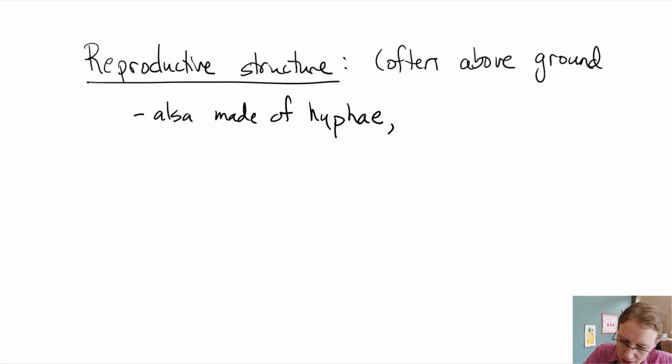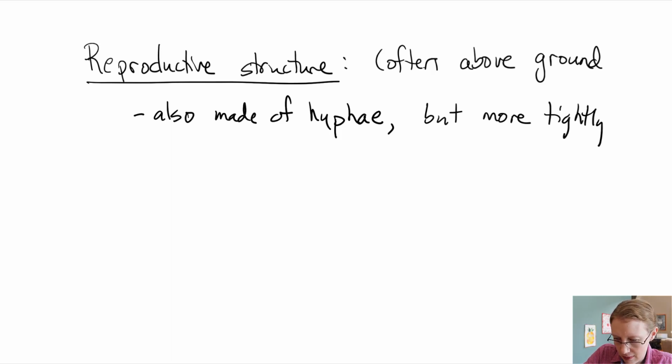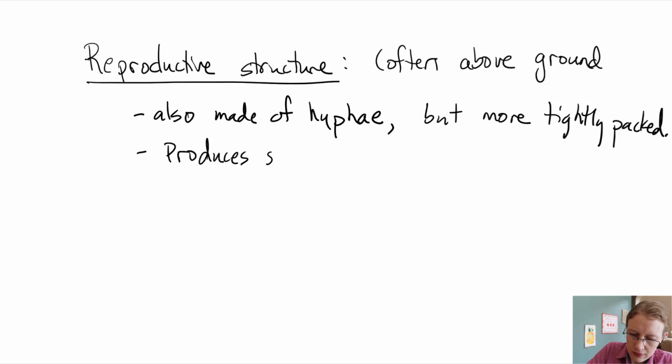So also made of hyphae, but more tightly packed than in the feeding structure. The reproductive structure produces spores, which can then be carried by the wind off to a new site.